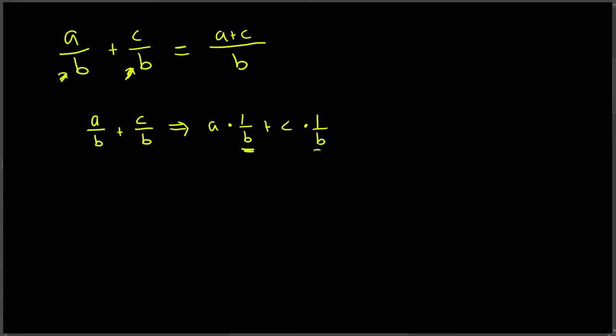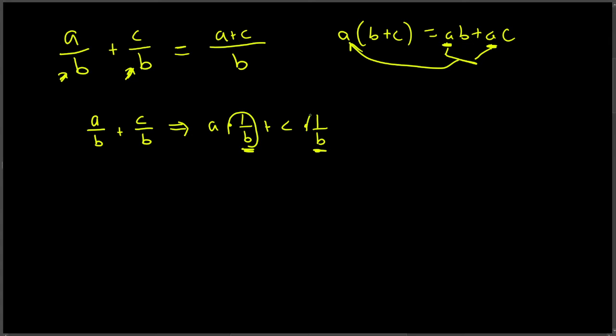And my distribution rule, remember, distribution says if I have the same thing multiplied on each term, I can pull it out. We used that when we were thinking about collecting like terms. So I can think of that here. I can pull this out via distribution, and I have the number a plus c.